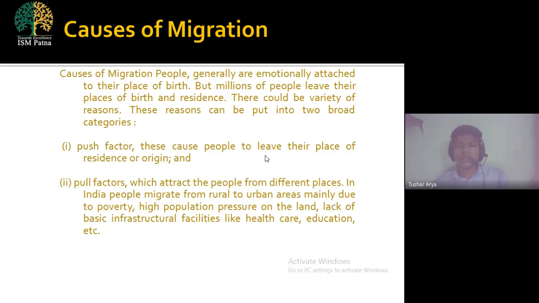Just take the example of Bihar: Gopalganj, Siwan, Kishanganj. If you go for a survey of the people of these places residing abroad, you will find that from every family there is a person in the Gulf countries.